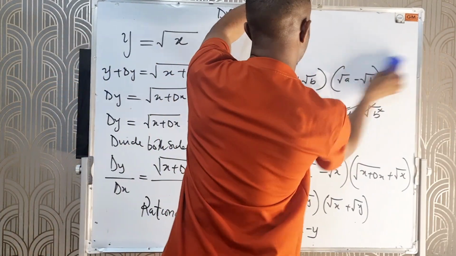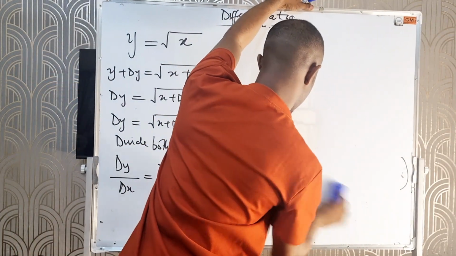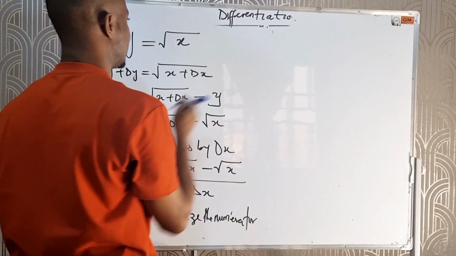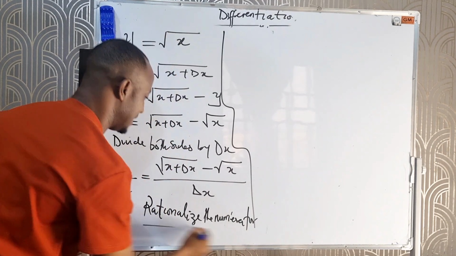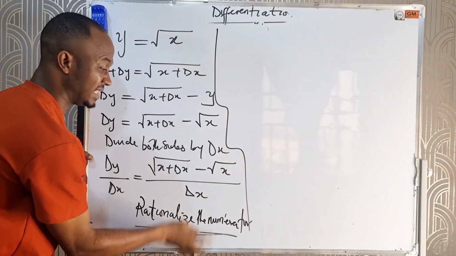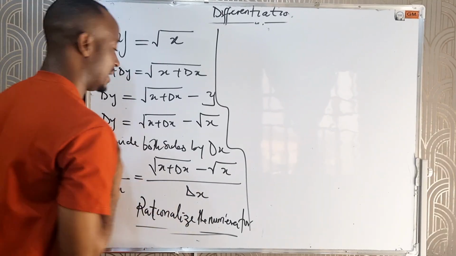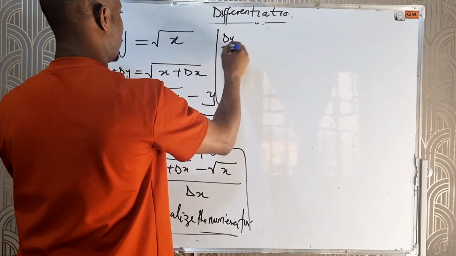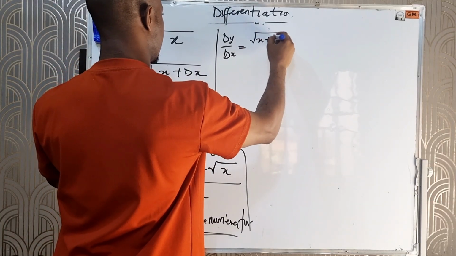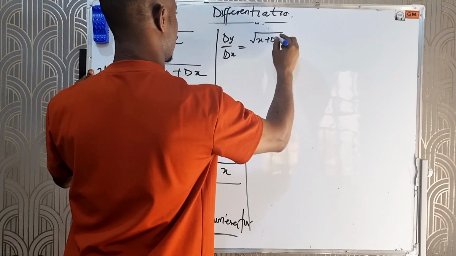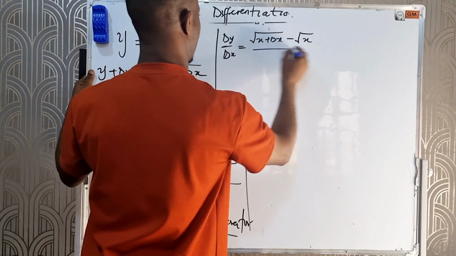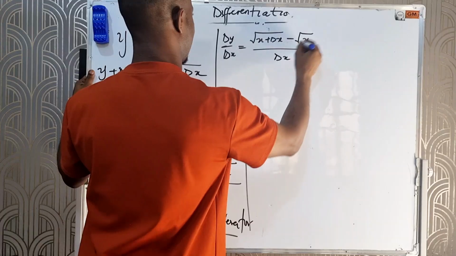So for this now, we have seen that to rationalize means I will multiply the conjugate of the numerator with the numerator itself and the denominator. That means my delta y over delta x becomes square root of x plus delta x minus root x, all divided by delta x.